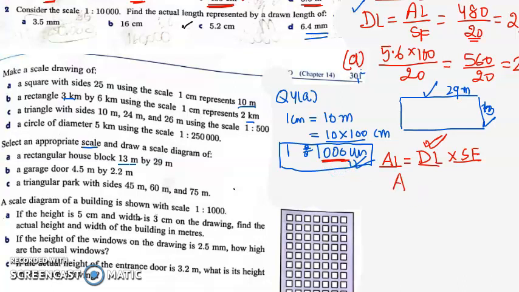So drawn length is equal to actual length by scale factor, and actual length is 29 meter, which you can change into centimeter by multiplying by 100. So 2900 centimeter by 1000.